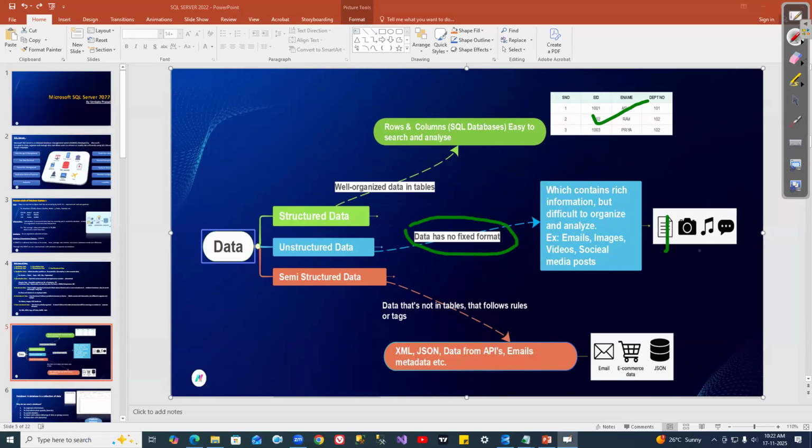Documents, audio files, video files, everything comes under unstructured data. And semi-structured data, as I told you: XML, JSON, data from APIs, email metadata, everything comes under semi-structured.